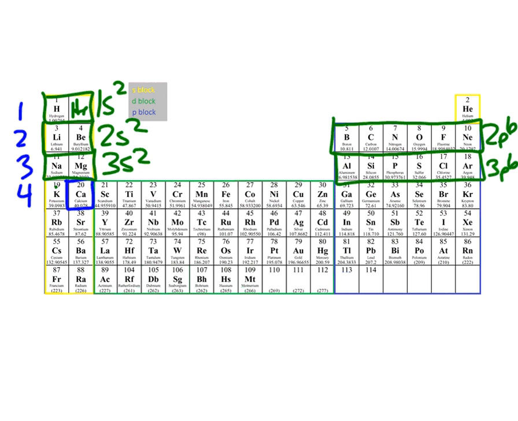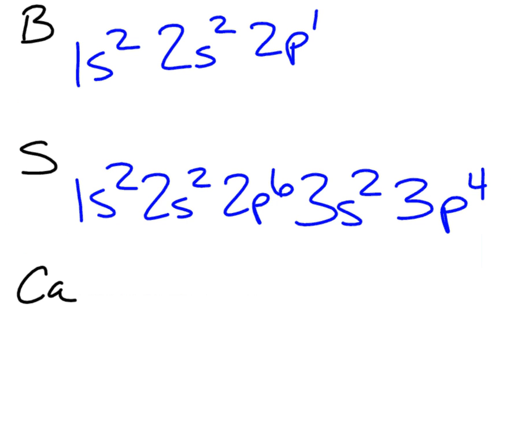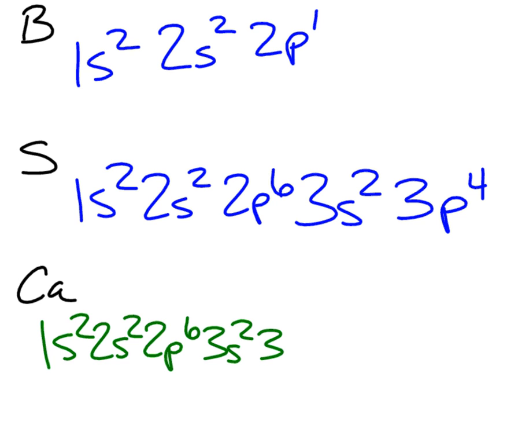And then here, this is my 4s right here. 1, 2, 4s2. So when I do the electron configuration, it'll look like this: 1s2, 2s2, 2p6, 3s2, 3p6, 4s2.